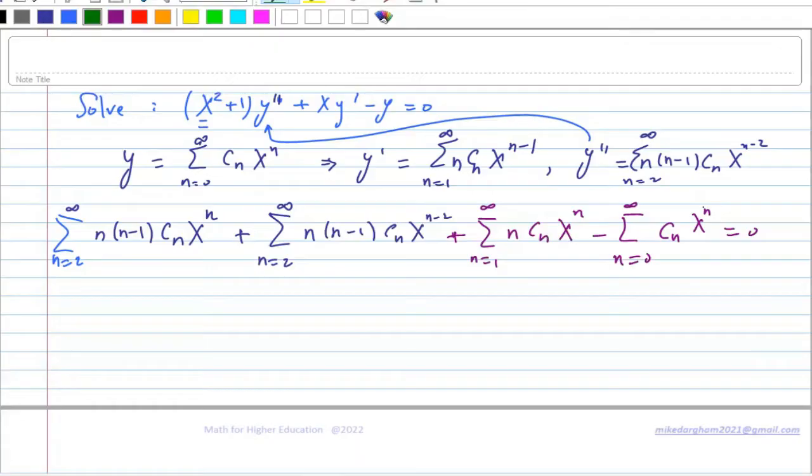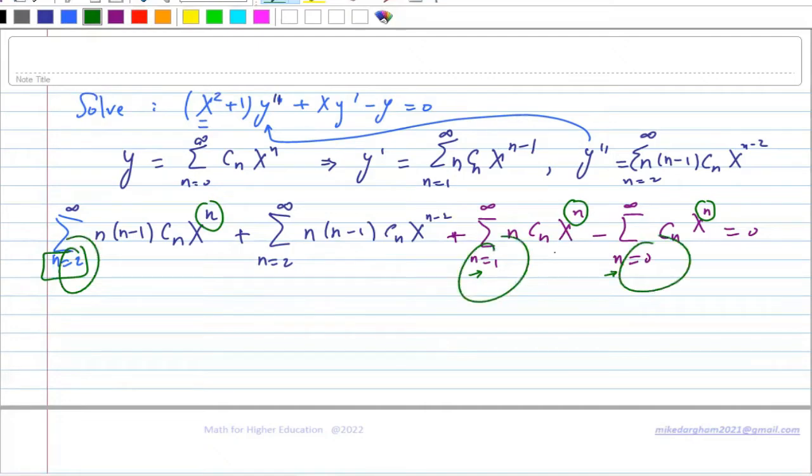So n is k in those. There is no trouble there, but the trouble is that the starting value is different. Here it is 2, here 1, here 0. The second step is to make those starting values the same.